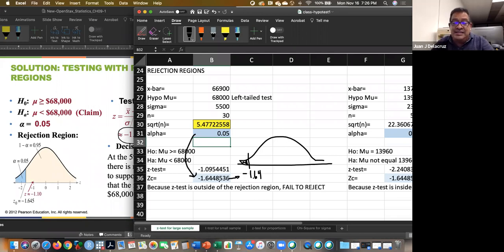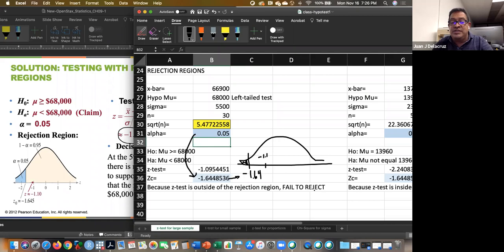So in this case, this is my C-score coming from alpha. This is my critical value. And my test statistic is 1.1. So 1.1 means 1.1 standard deviations to the left. So my C-score is going to be here, minus 1.1, right? So that means that this value falls outside of the rejection region.